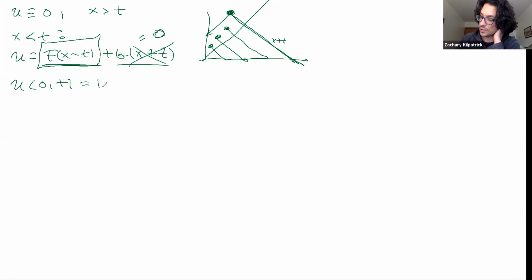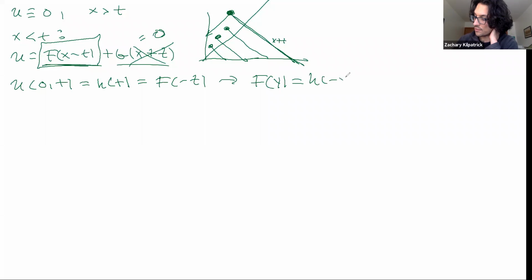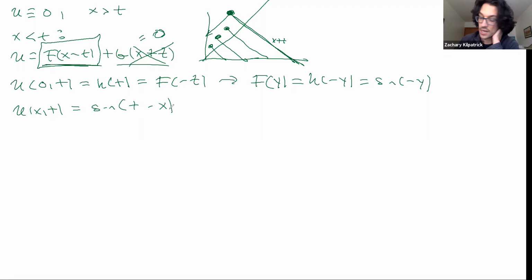U of 0,t is equal to h of t, which in this case is equal to f of minus t. So this just implies that f of y is equal to h of minus y, which in this case is sine of minus y, or minus sine of y, if you like. And so then u of x,t is equal to just sine of t minus x in this region where x goes from 0 to t.